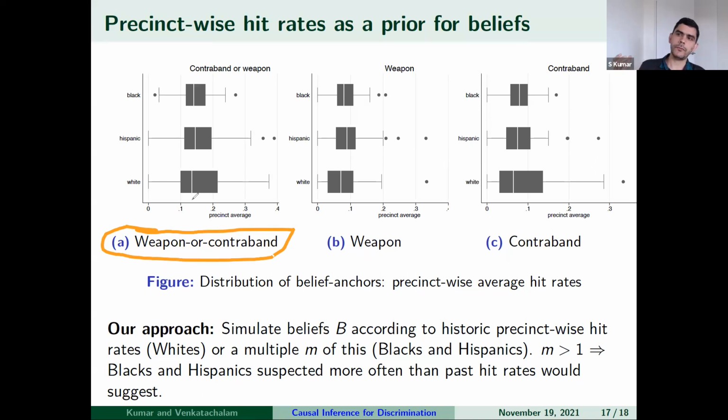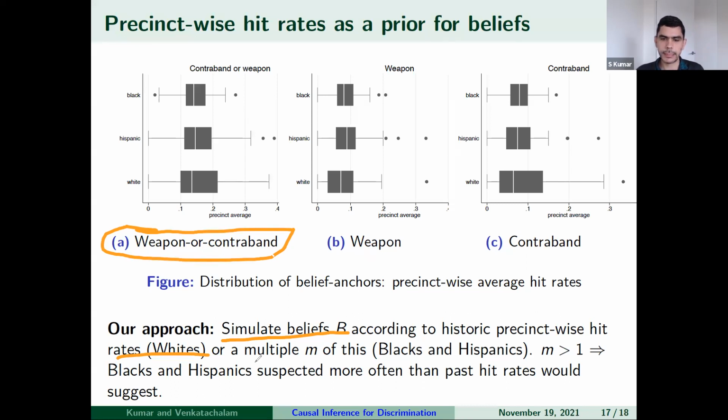Therefore, it makes sense when you simulate beliefs to take precinct into account. So this is what we're doing. We're simulating these beliefs according to historic precinct-wise hit rates for whites and for blacks and Hispanics. So we're simply saying, if this was the average for whites, for blacks, for Hispanics in a given precinct, let us simulate a beliefs variable according to that average.